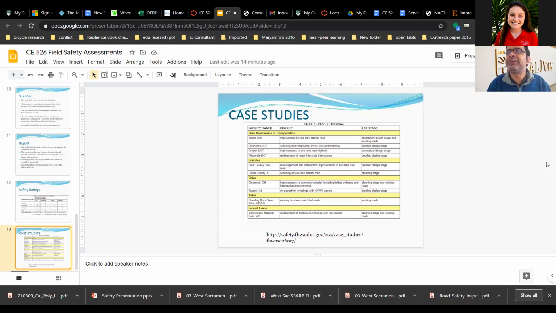A lot of times they are in response to safety issues that have been pointed out by the constituents. So a lot of times these road safety audits are conducted because there have been some citizen complaints on existing roads, especially.